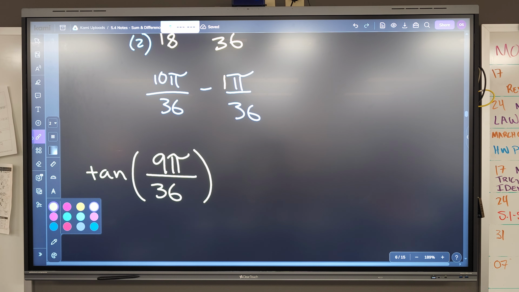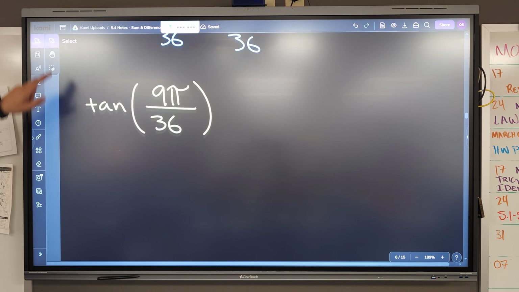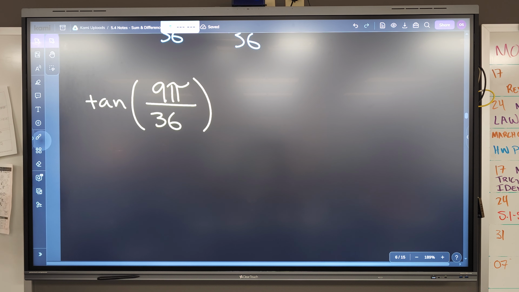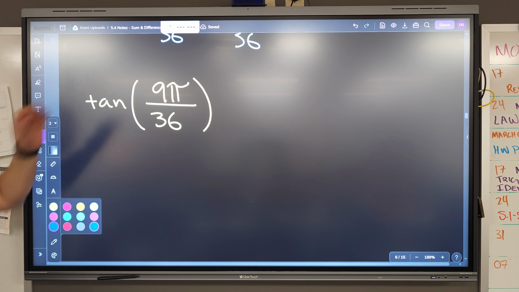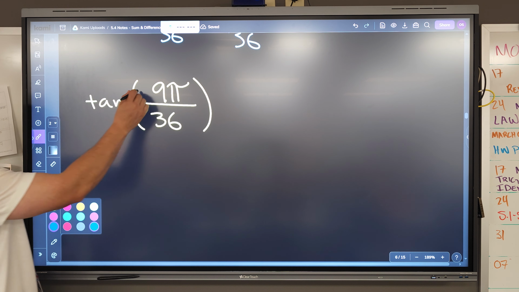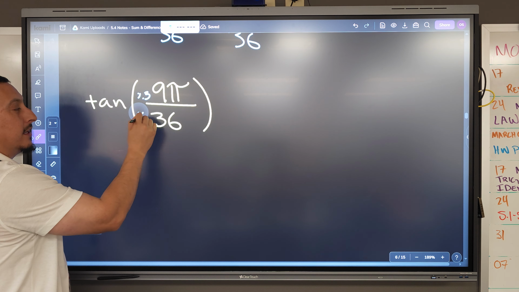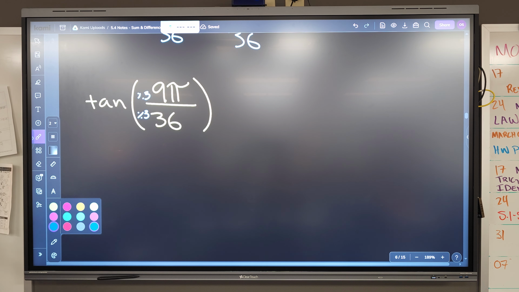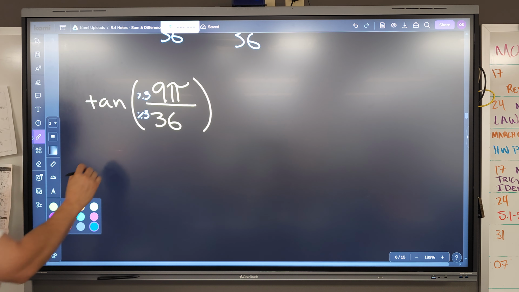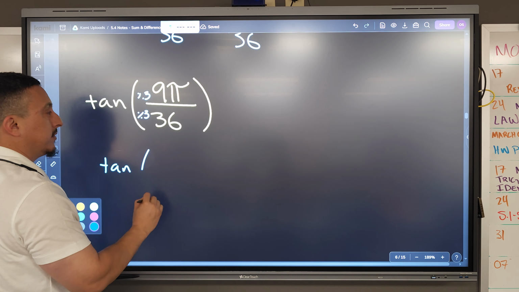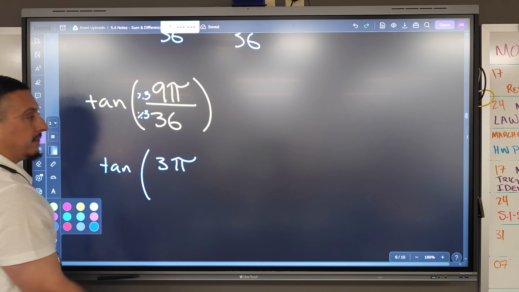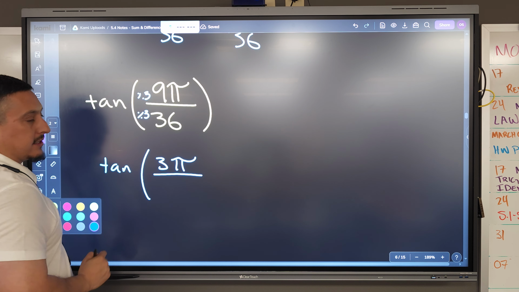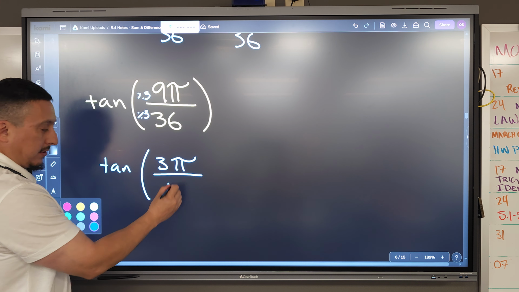No. So does that mean we're done with this problem, or can we simplify? Divide by 3. Okay, let's try that. 9 would be better, but I'm going to pretend we didn't do that, because that's what happens sometimes. You don't think of the biggest number, and that's okay. So let's just do 3, see what happens. 9 divided by 3 is 3. 36 divided by 3 is 12.